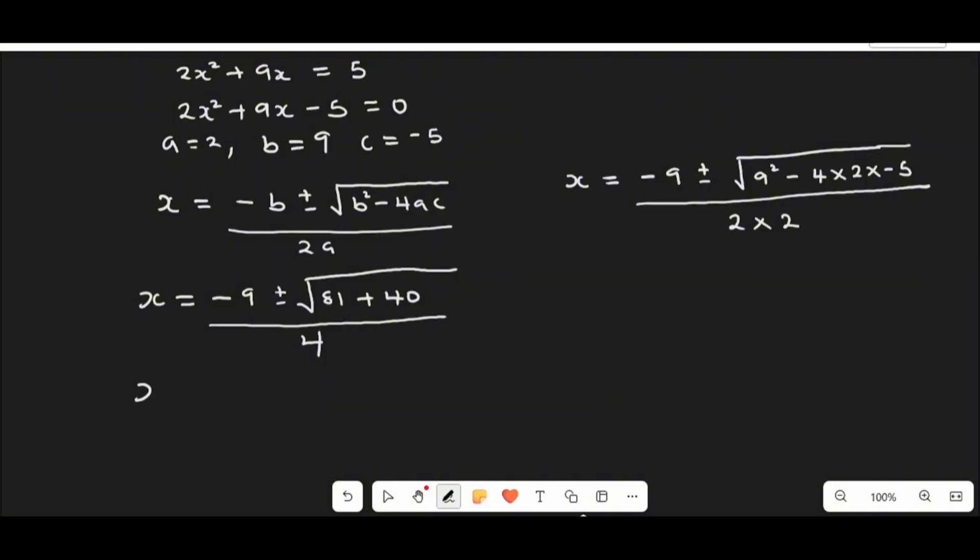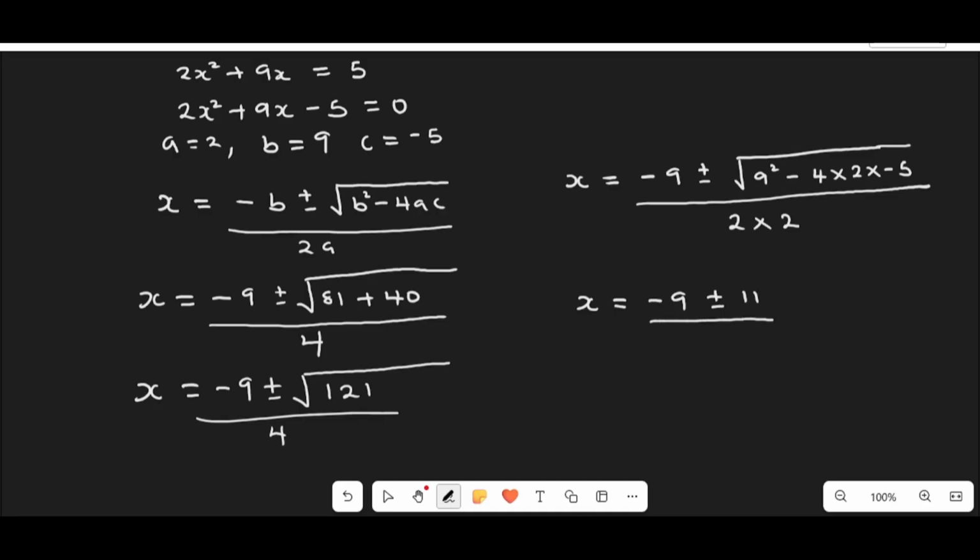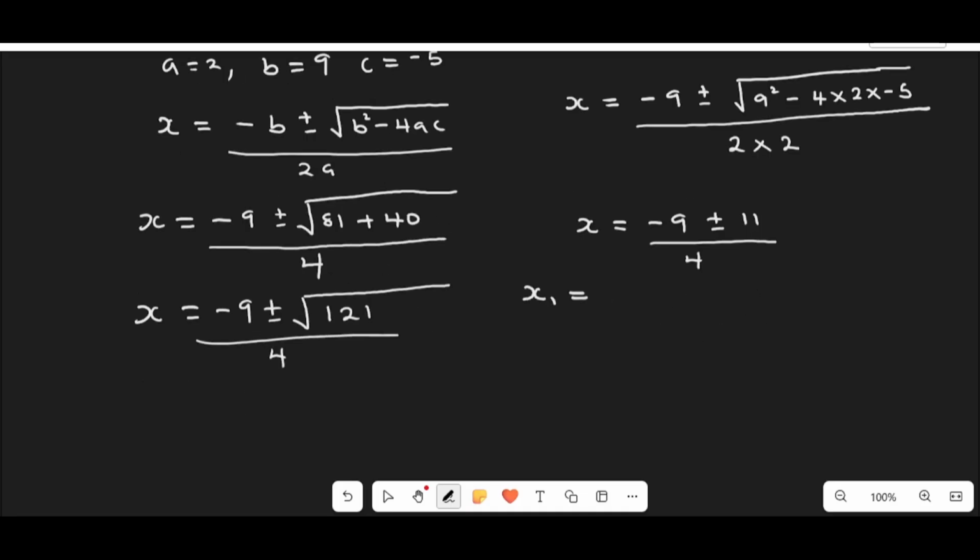So x equals minus 9 plus or minus square root of 81 plus 40, which gives us 121, over 4. x equals minus 9 plus or minus the square root of 121, which is 11, over 4. x1 equals minus 9 plus 11 over 4. x2 equals minus 9 minus 11 over 4.